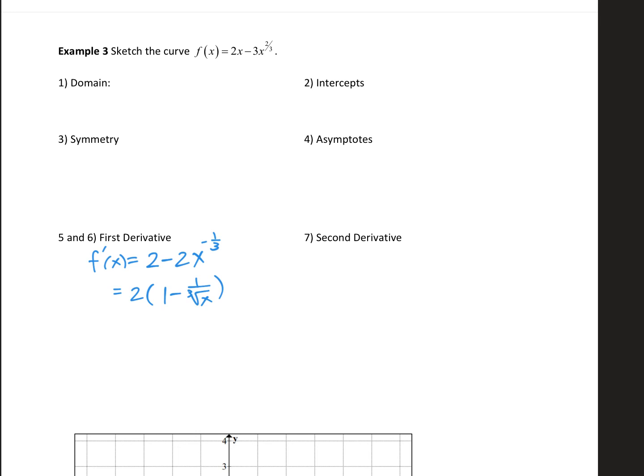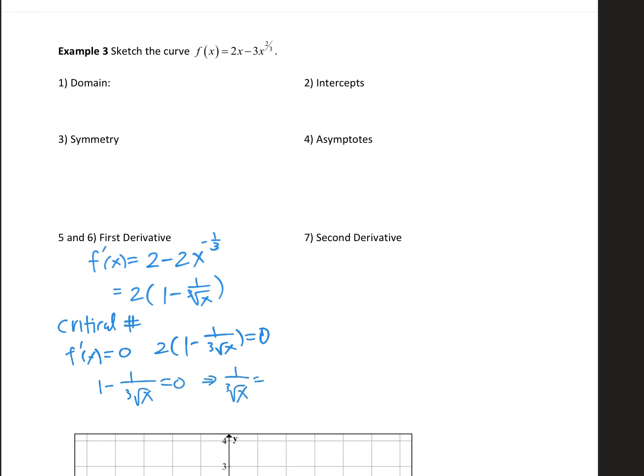So to find the critical number, just a hint: a critical number is when f prime is equal to 0. So 2 times (1 minus 1 over the cube root of x) is equal to 0. That means 1 over the cube root of x is equal to 1. That means x is equal to 1, right?